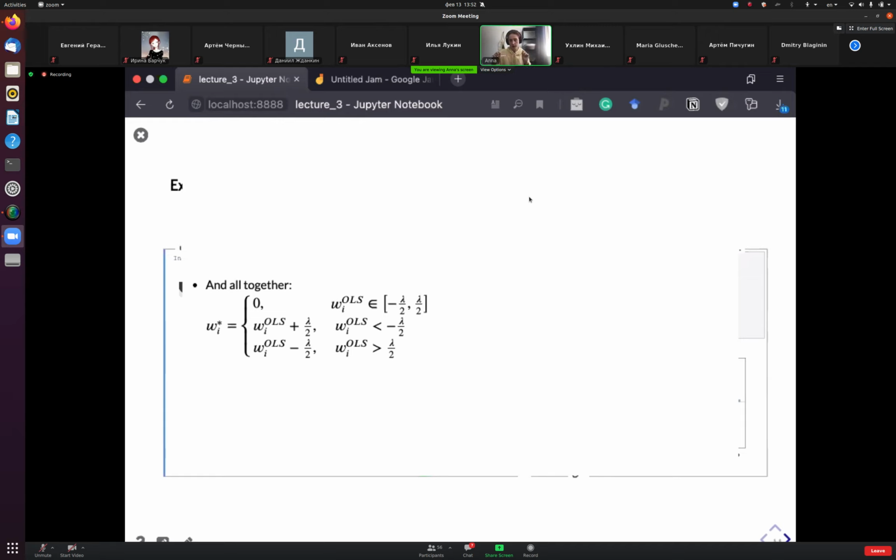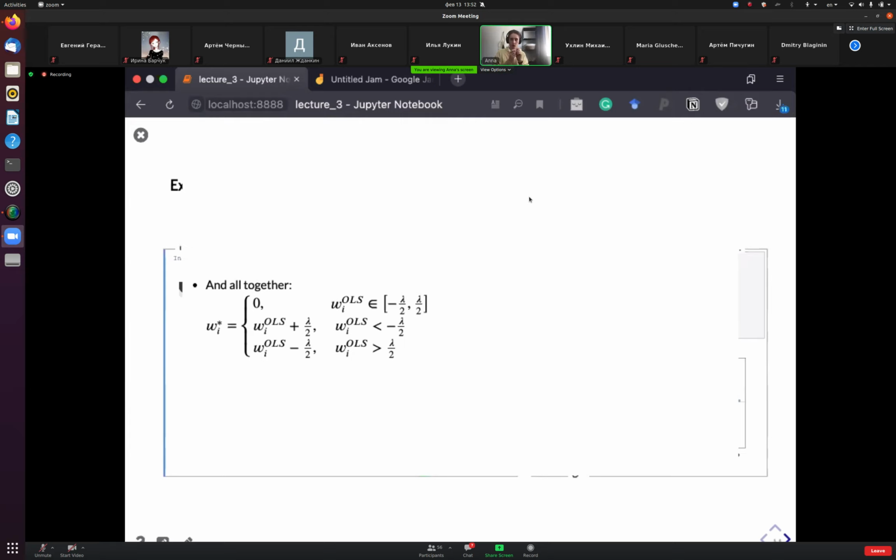If otherwise the coefficient lies on the right or on the left of this region, then it will shrink it, but not in a multiplicative sense, but in an additive sense.